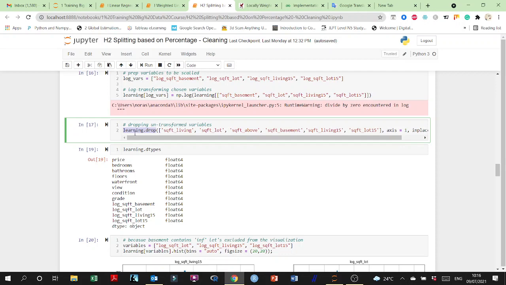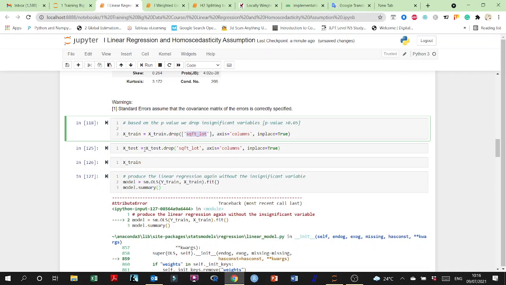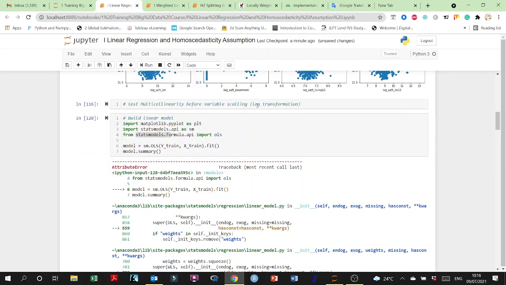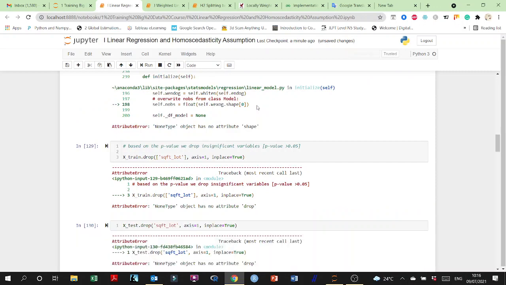Well, this is what I've done: x train.drop. I don't need to save it in there. So x train.drop, and this is axis. Axis is one, probably, rather than columns. Oh no, this is what caused the problem.